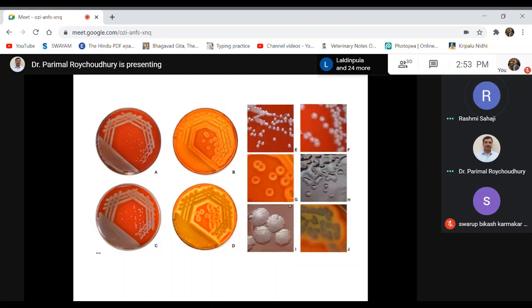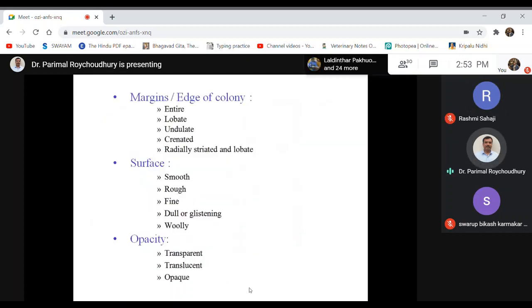Yes, sir. Okay. So these are some other characteristics, as I said, about the margin or edge of the colony, as we have seen previously: entire, lobate, undulate, crenated, radially striated. Of course, all the time it is not possible for us to remember each and every bacteria and their characteristics, but whenever we go for isolation, we study freshly about their colony characteristics, and we try to explore those characteristics in the culture plate.